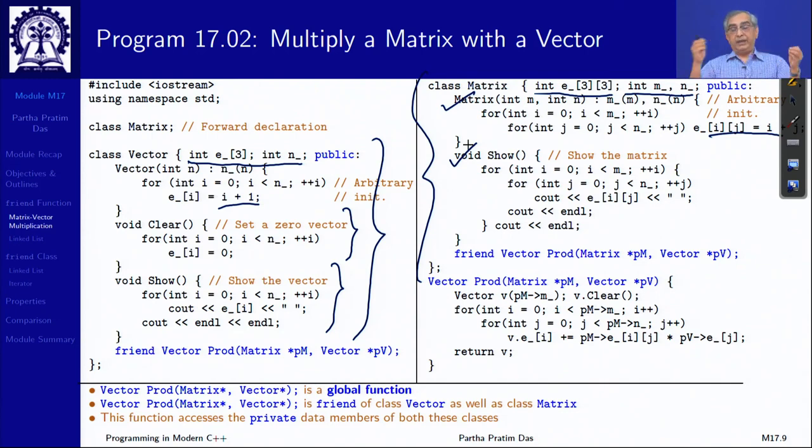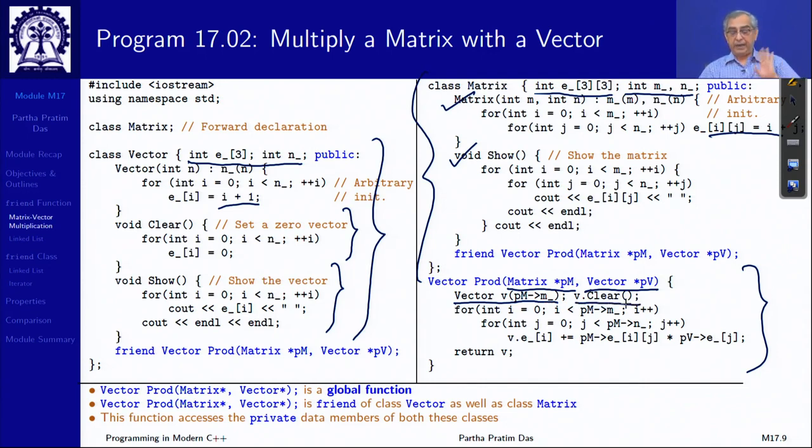Now, I want to multiply these two. So, I write a function here which takes a matrix and a vector. So, if I multiply a matrix by a vector, what will I get? I will get a vector, right. So, I create a vector v and that will get initialized with these things.